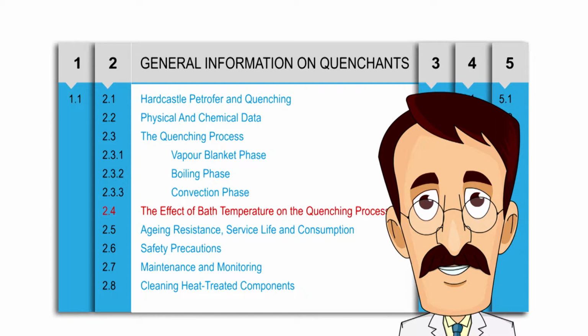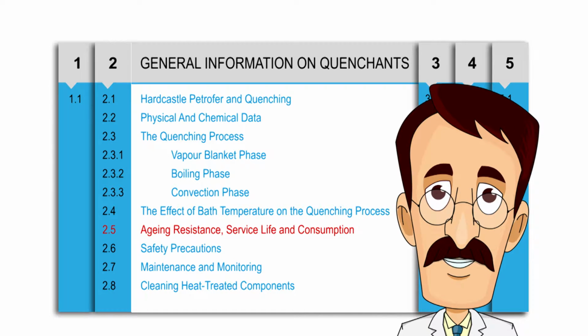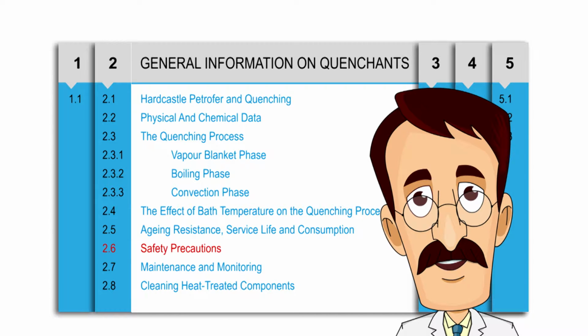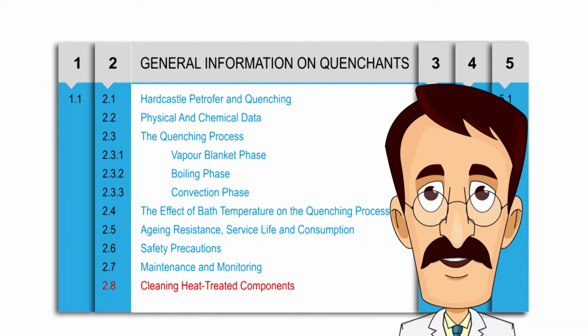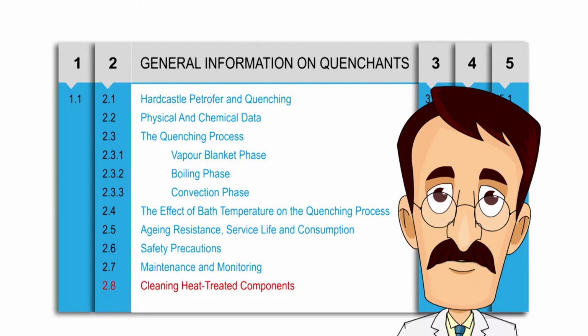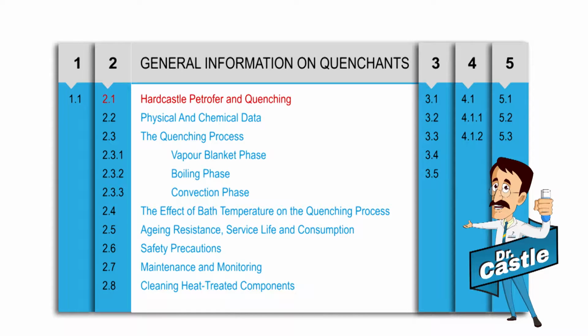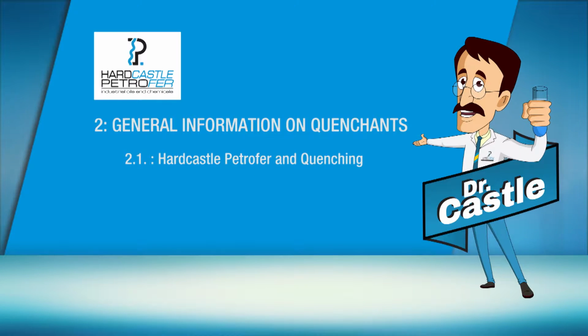We will also discuss the effect of bath temperature on the quenching process, aging resistance, service life, and consumption, the safety precautions required, maintenance and monitoring of quenchants, and finally, cleaning heat-treated components. Well, now we begin with the first subtopic under general information on quenchants, Hardcastle Petrofer and quenching.